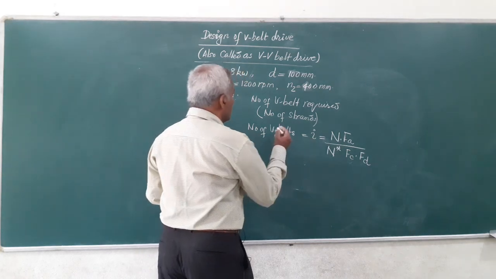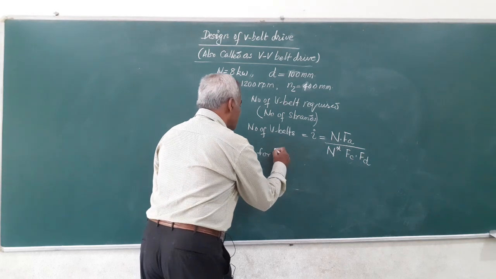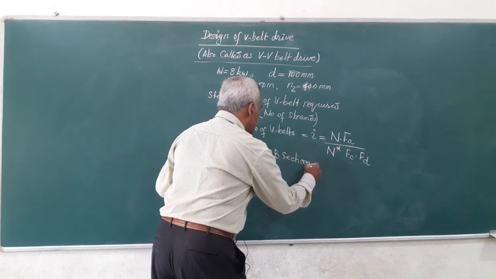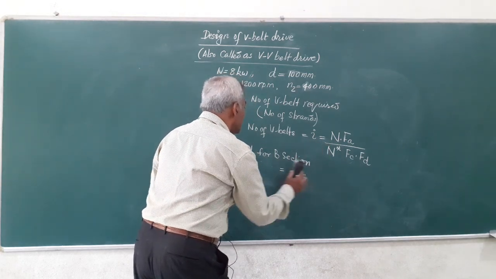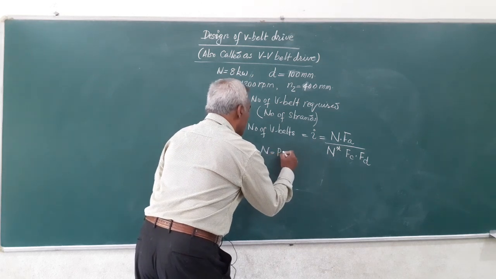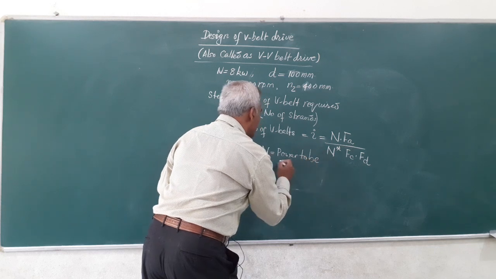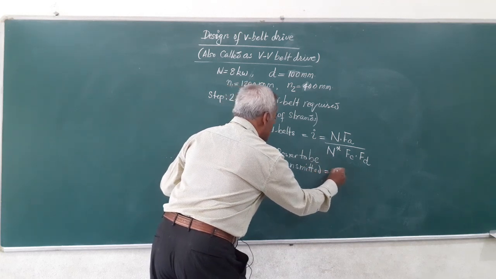Here friends, this N for B section is available, and say we are going to get some power here. This is N, is the power to be transmitted by the drive, that is equal to 8 kilowatts.